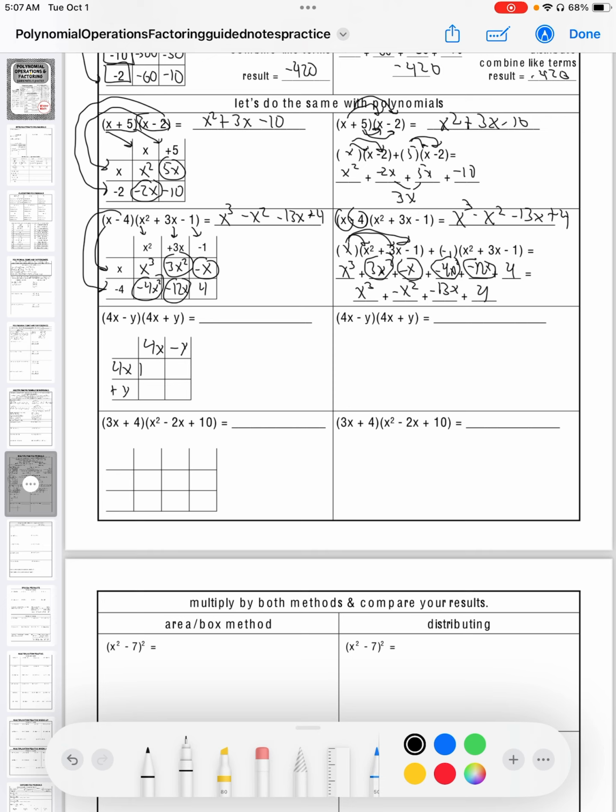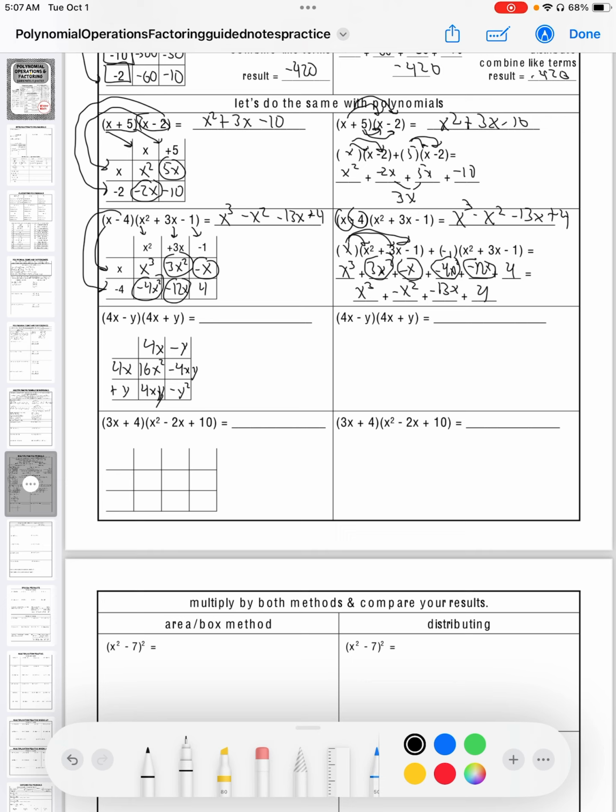4x times 4x is 16x squared. 4x times negative y would be negative 4xy. 4x times y would be 4xy. And then y times negative y would be negative y squared. Okay.